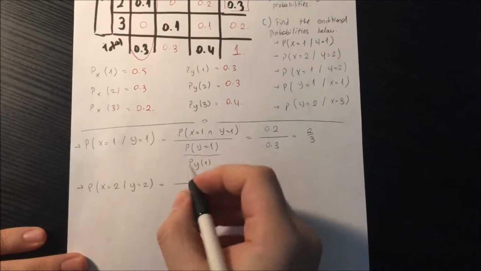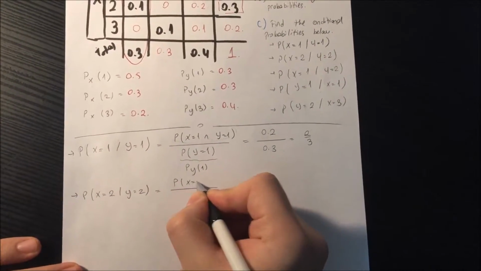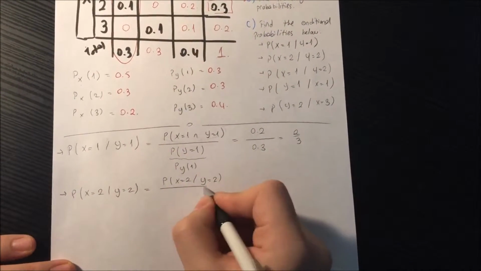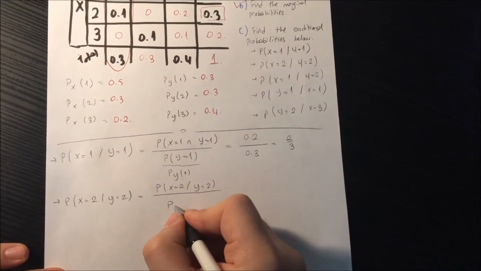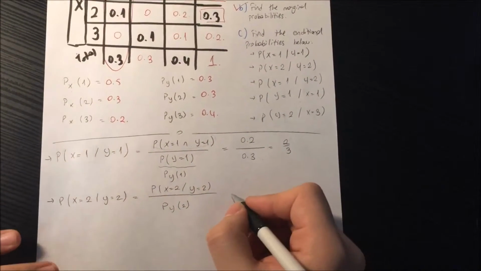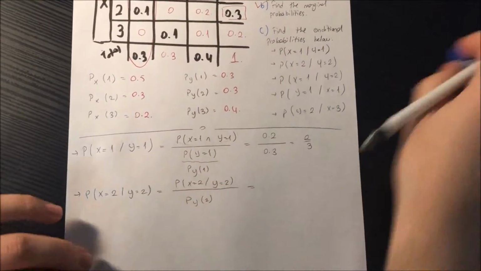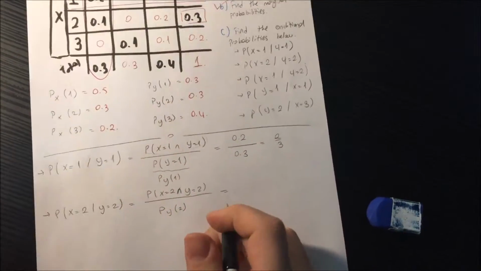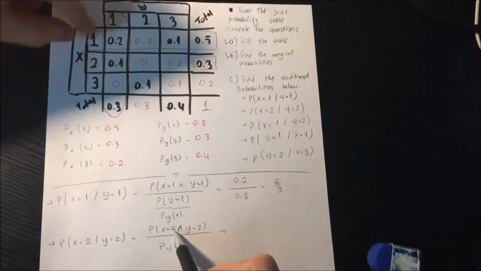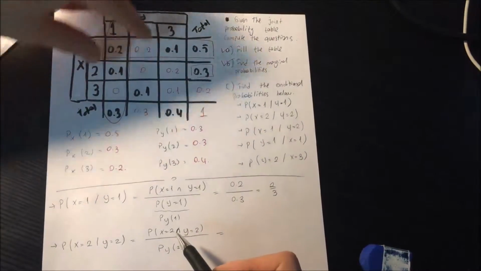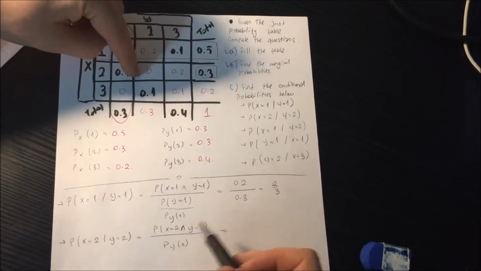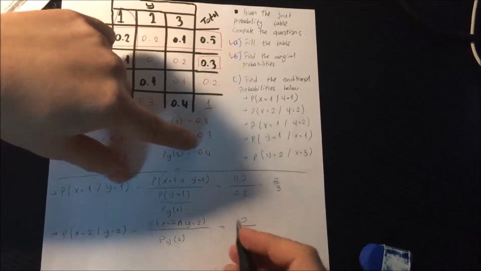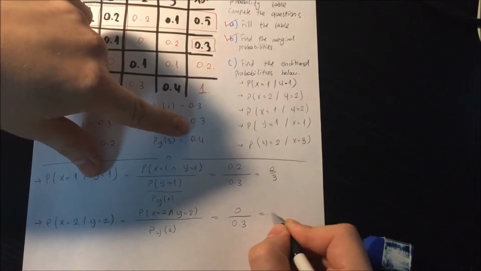And the second one, I'm going to do the same thing. P x equals 2 given y2 over Py2, I'm going to write. So it should be the intersect. So in x2 and y2, as we can see, it is 0 over Py2, which is 0.3, so it's 0.